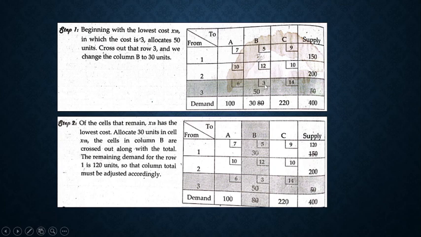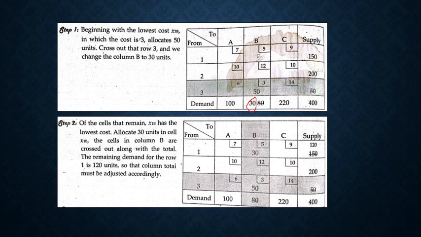So we need to allocate. Ano yung demand ni company B? Yung demand nila is 80. But the problem, yung supply nila is 50 lang, yung supply ni warehouse 3. So that is why yung demand na 80 minus 50 is equal to 30. So 30 na lang yung remaining niya, di ba?